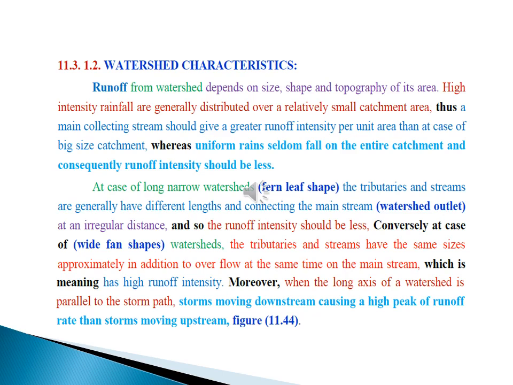Conversely, in the case of wide, band-shaped watersheds, the tributaries and streams have approximately the same sizes, in addition to overflowing at the same time onto the main stream, which means high runoff intensity.